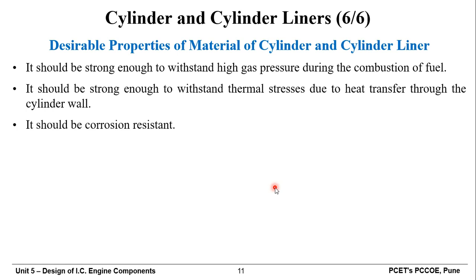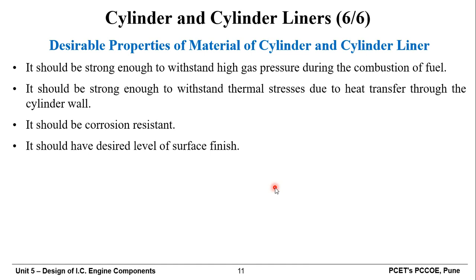Then the material should be corrosion resistant. Two things are very important here. First, there is a continuous reciprocating motion of the piston, so wear is continuously taking place. That wear rate should be very low so that you get a long life of the cylinder.